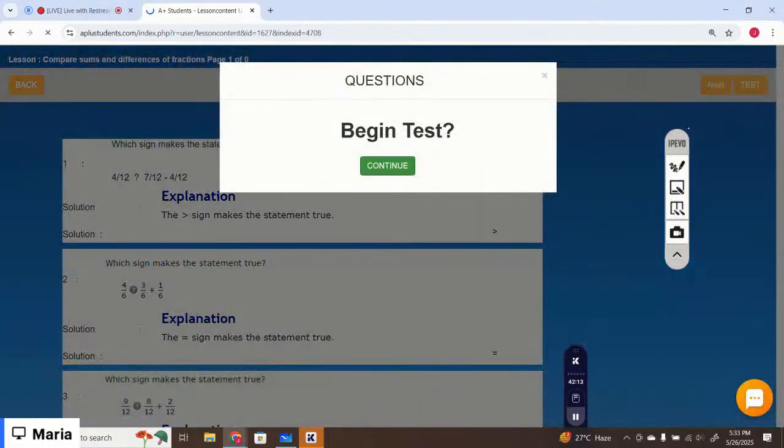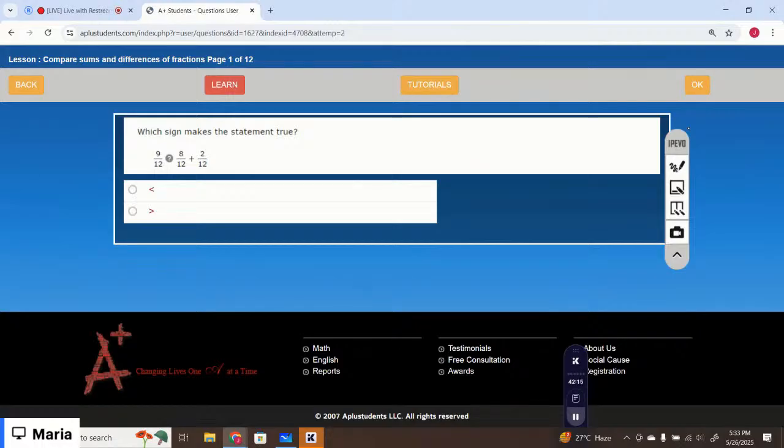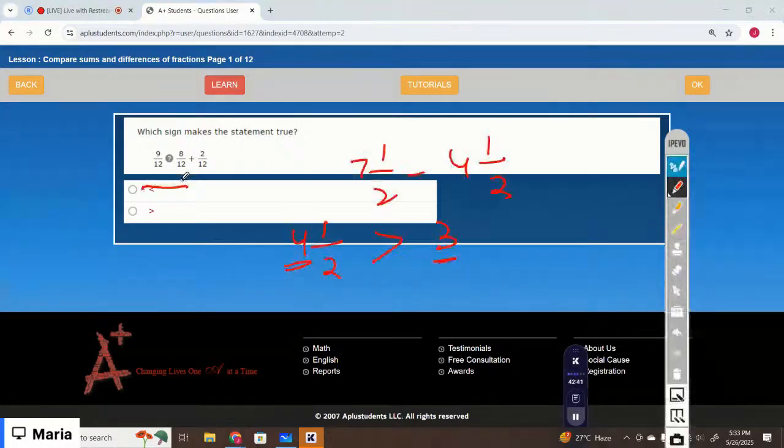Let's just start with the test questions. 9 by 12, you have to compare it to 8 over 12 plus 2 over 12.